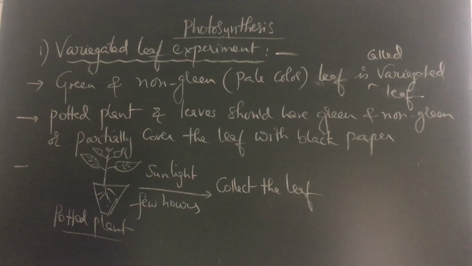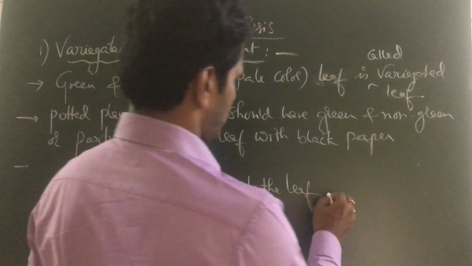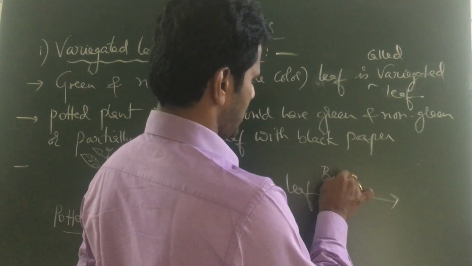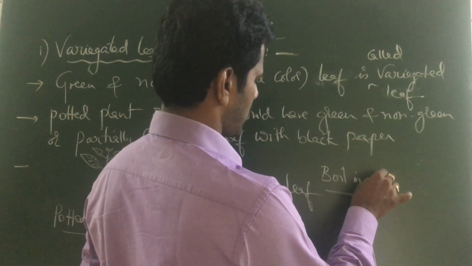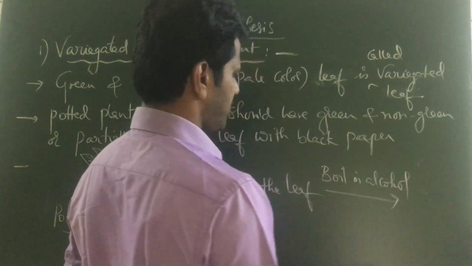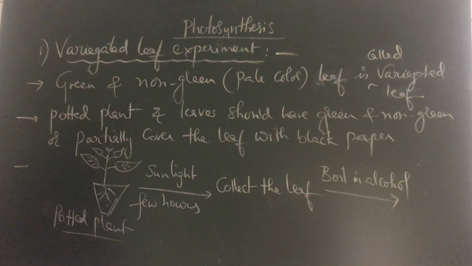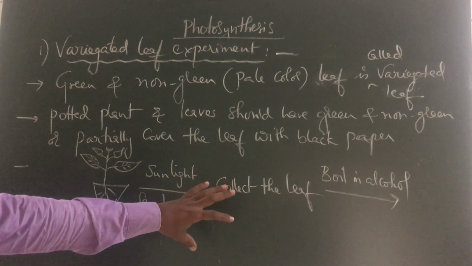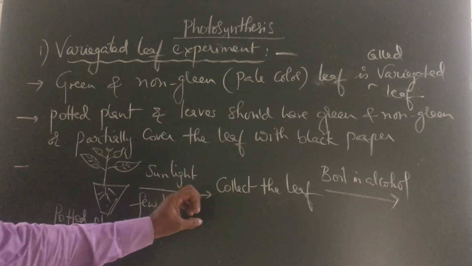Then you collect the leaf and boil it in alcohol. What happens when you boil this? It disturbs the cell membrane and softens the cuticle.